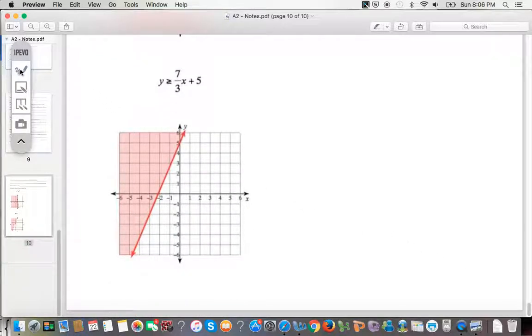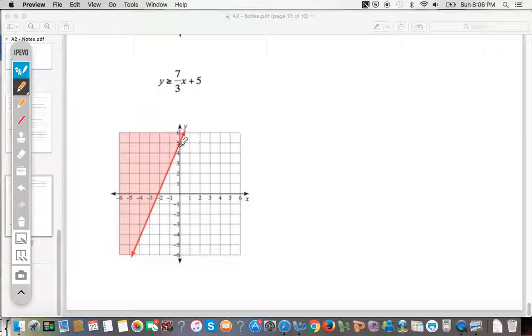So our last example here. So we already know where our shading is, so where all our solutions are. So let's pick a point. Let's pick 0, 0 again, because it's easy to work with. Okay, so I have 0 is greater than or equal to 7 over 3 times 0 plus 5.